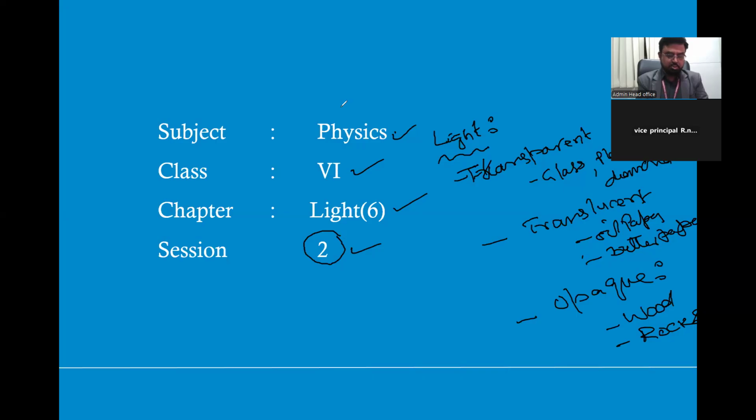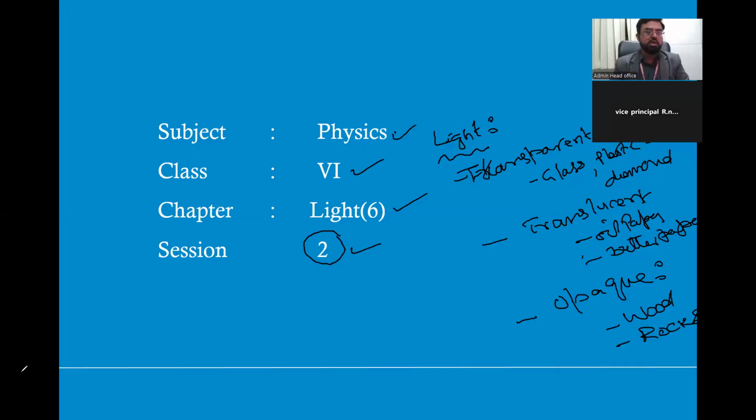These are the things we learned in the last class about light and how it is classified into transparent, translucent, and opaque substances.